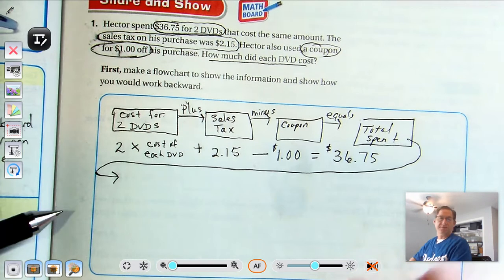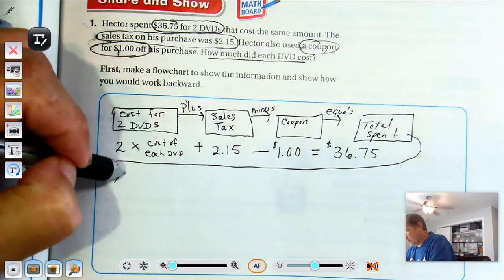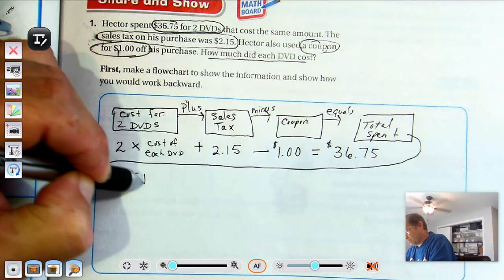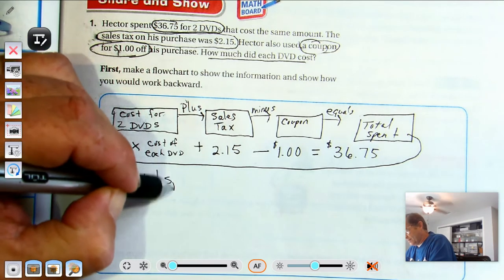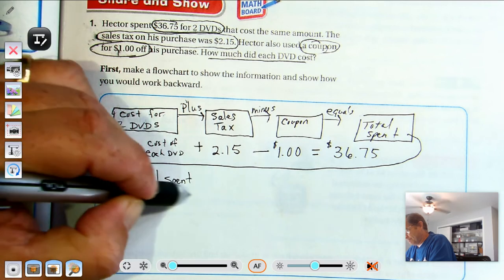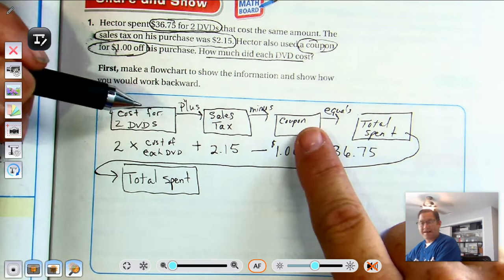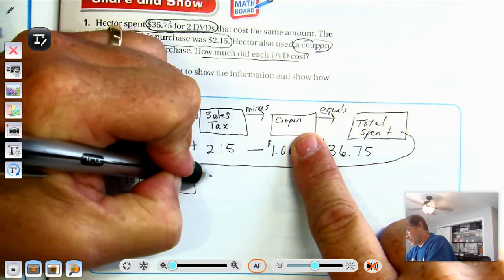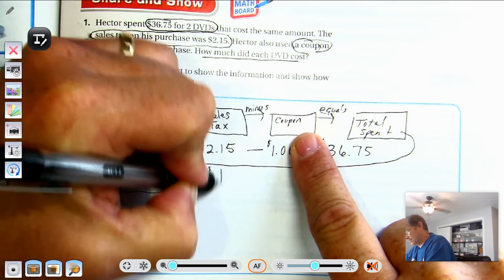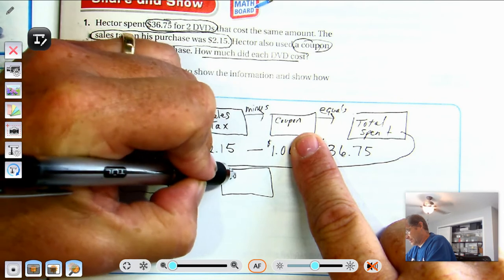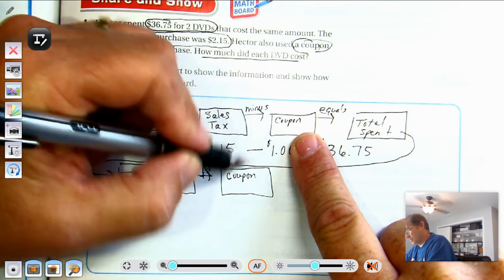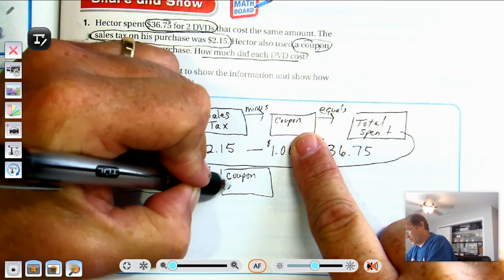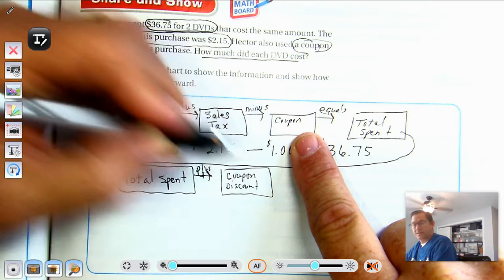So let's work our way backward to figure out the cost of the DVDs. So we would start with the total spent. And we'd have to add back on the coupon discount. Okay.